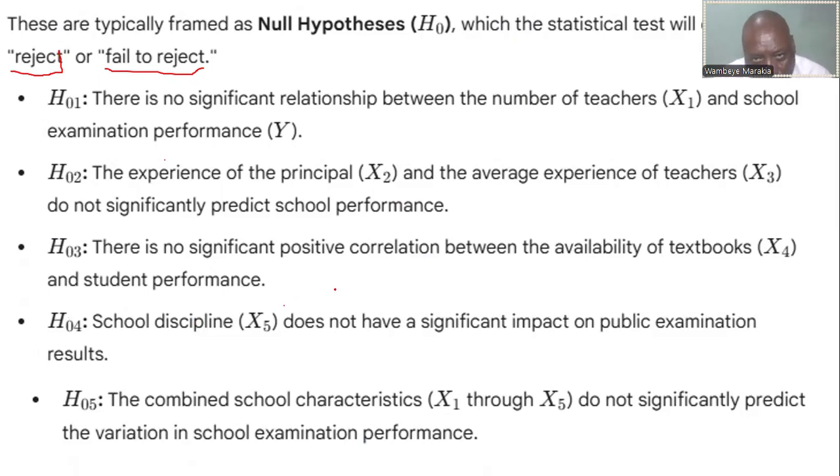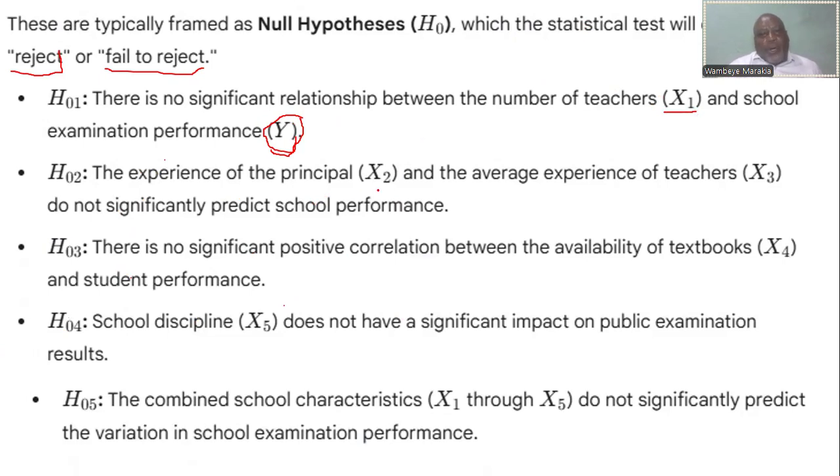Then we are going to test all these. What you should realize is that our outcome variable is going to be denoted by Y, and the first independent variable is X1.